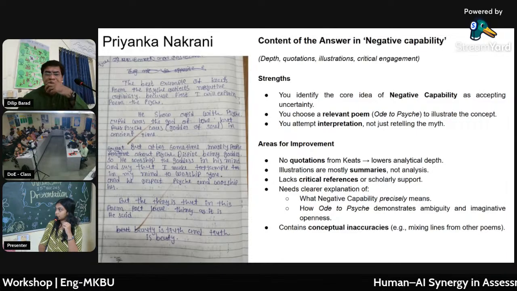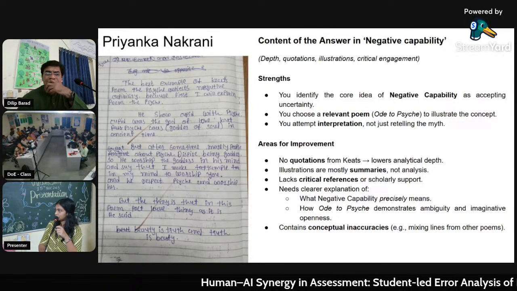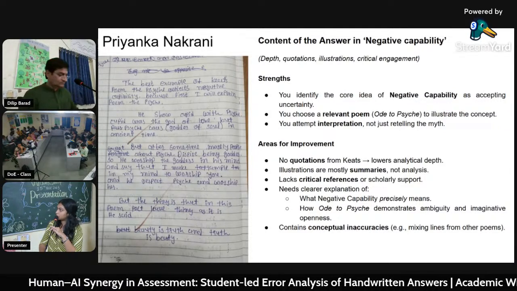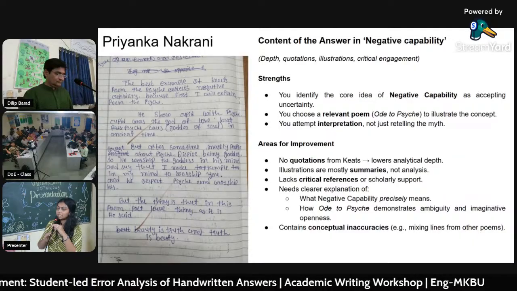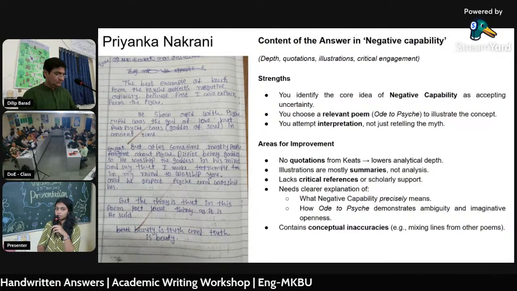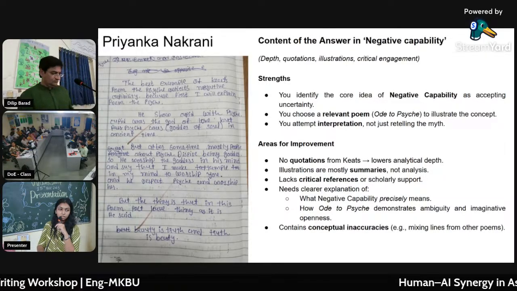A clearer example is needed of what negative capability precisely means, and how Ode to Psyche demonstrates ambiguity and imaginative openness. Conceptual inaccuracies are seen. She is mixing in lines from other poems, so improvement is needed. Next.